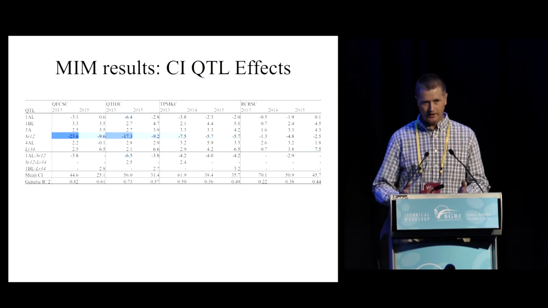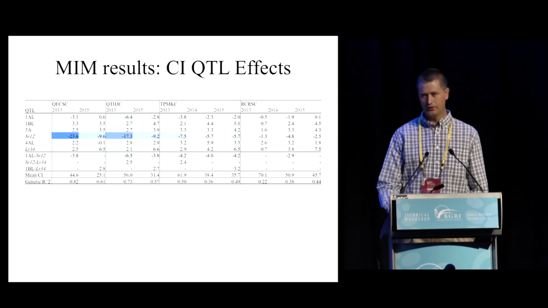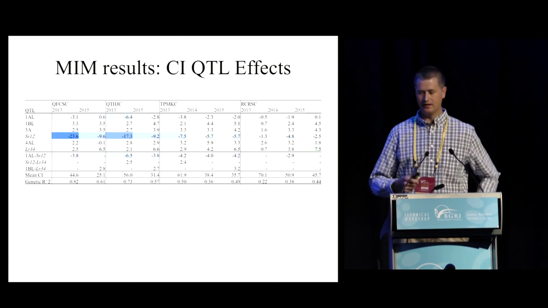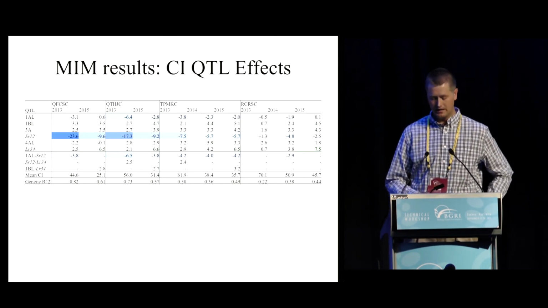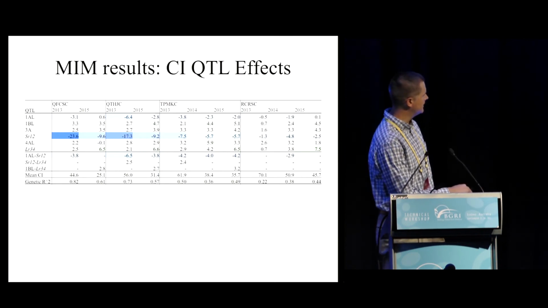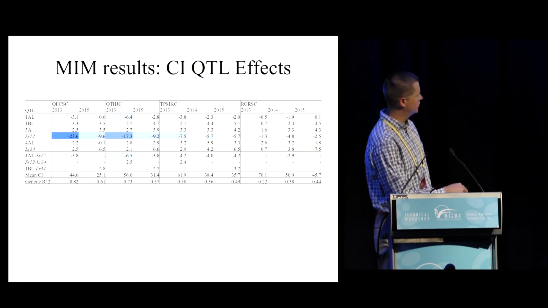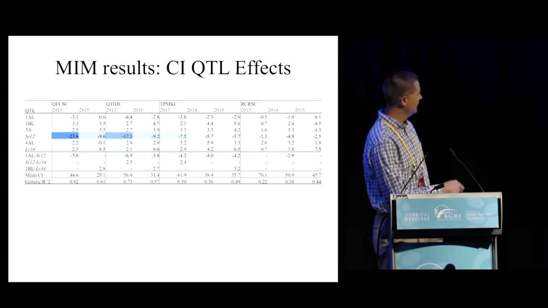Another way to look at those data is to look at the additive effects. This graph shows the effects on coefficient of infection. At the bottom, you can look at the mean coefficient of infection of the population observed for those different traits, and the percentage of the genetic variation observed that was explained by this model.